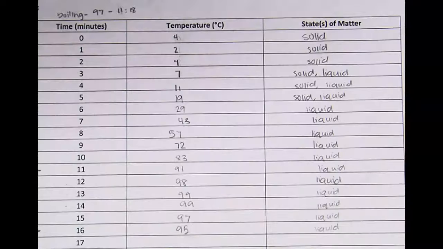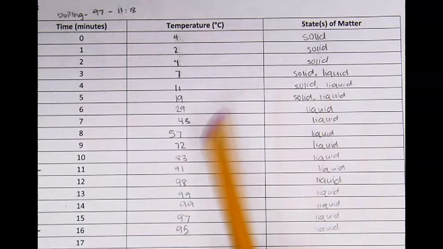All right. So I got my lab paper here. All right, let's see. Okay, so this is the data you got. All right, so we had solid to liquid, and then it started to boil, so it should actually probably be liquid to gas through here.